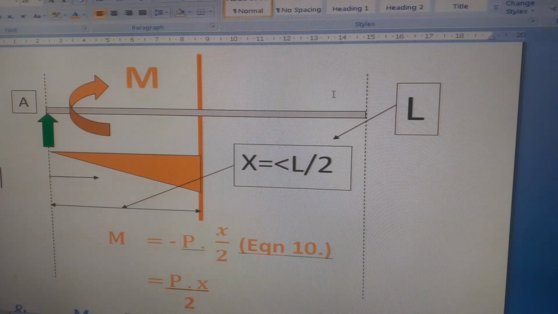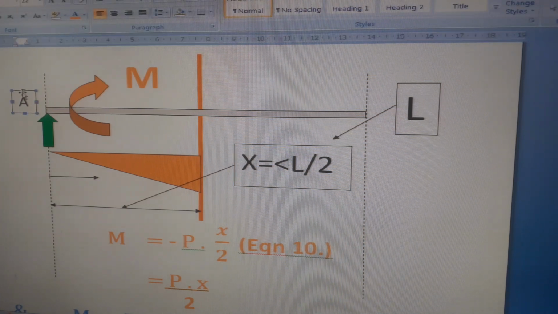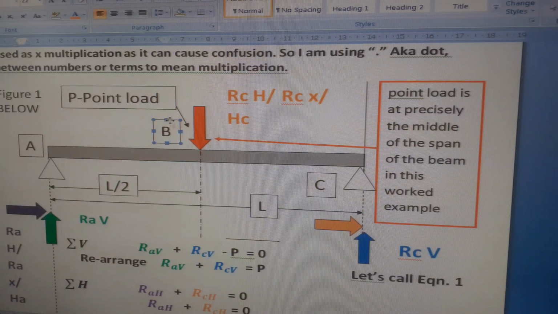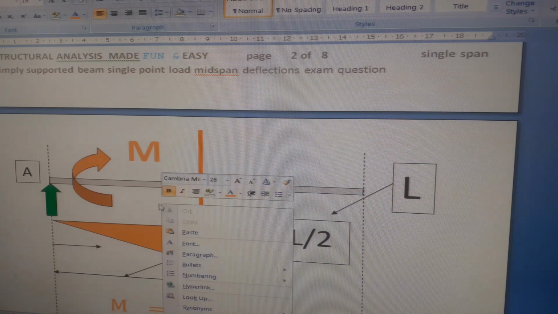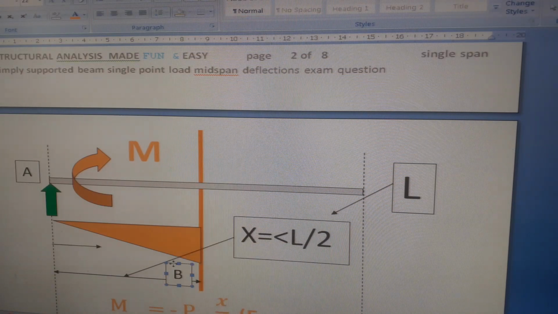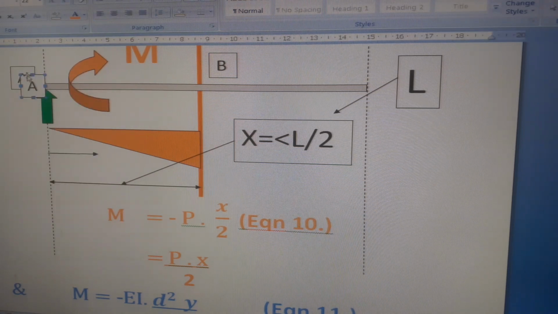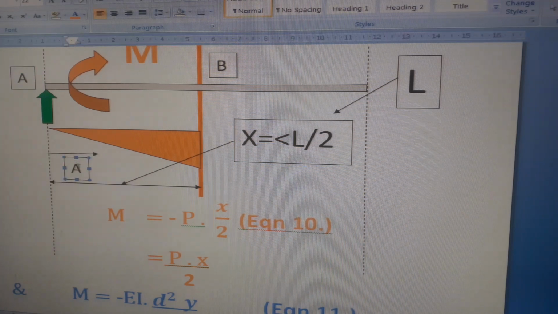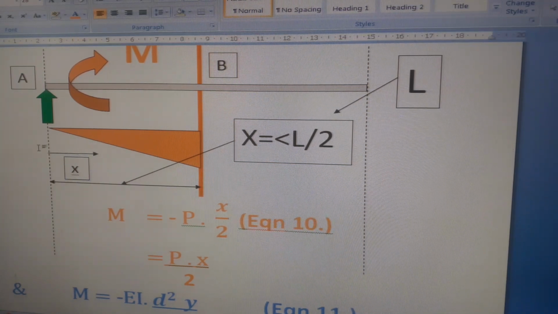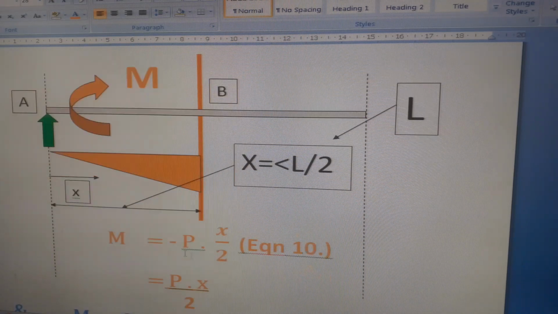That's going to be X. This is A. The midspan of the beam is going to be B, and that distance, we're going to call it X as it moves away from left to right. The moment is given by M equals this reaction, but that's why we need to find out this reaction. Moment equals RA times X.